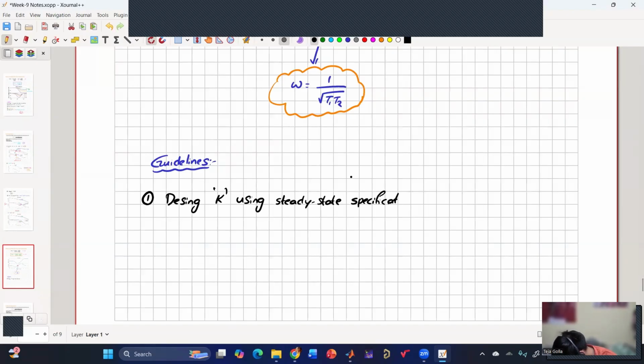Then two, here the guidelines are simple. First design K, then first design the lead compensator followed by the lag compensator.